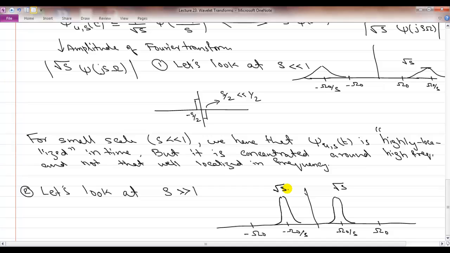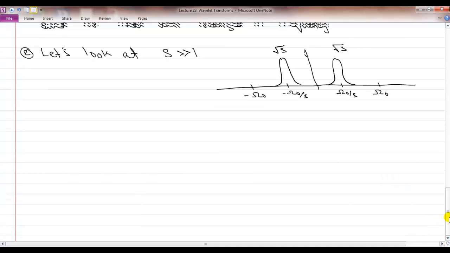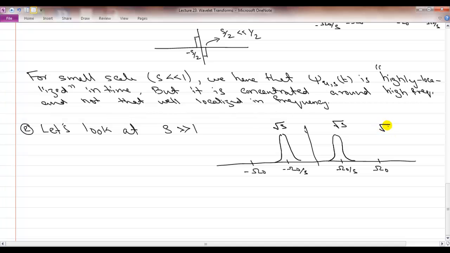Okay. But what has happened in time? So this was square root of S psi of S omega absolute value. What has happened in time? Again, take the example of the Haar. Instead of ending at 1 by 2, you are ending at S by 2, which is a really large number. So you go from minus S by 2 to S by 2.